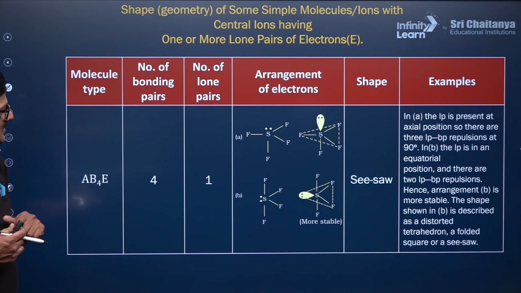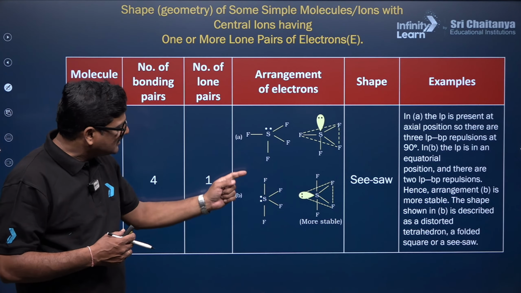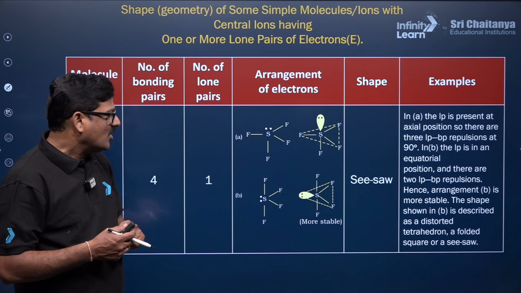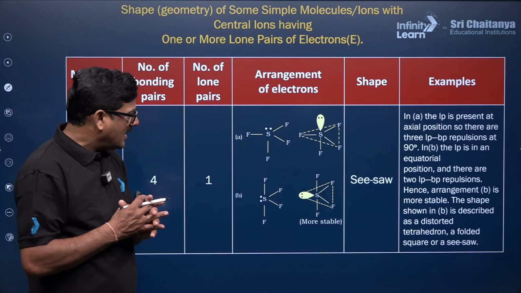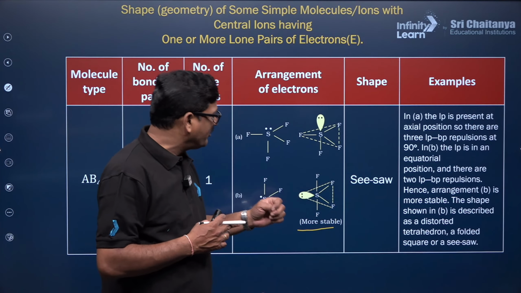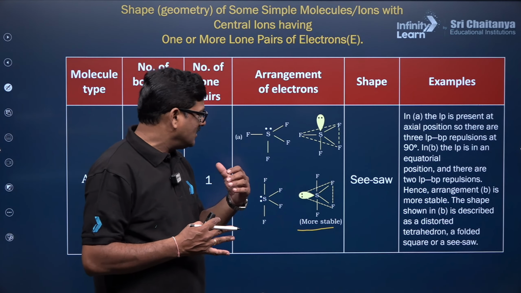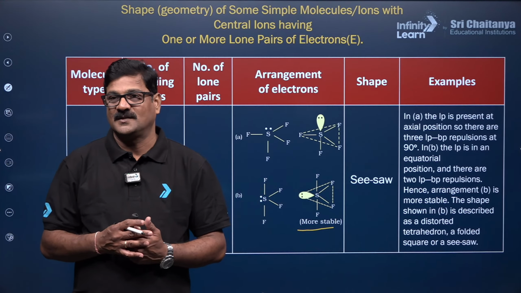Okay. So like this you can say SF4, and I can get one type of structure, which is the more reliable structure, and this is more stable because here lone pair bond pair repulsion is going to be minimum.